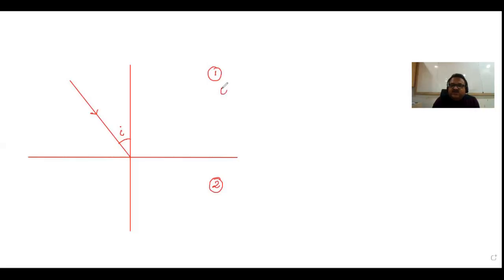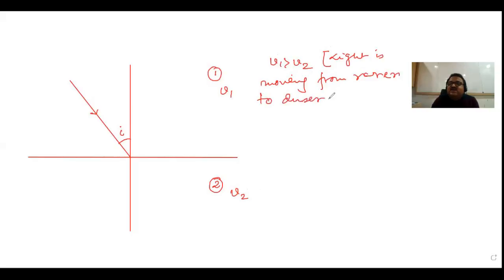The speed of light in this medium is v1 and the speed of light in this medium is v2. Assuming here v1 is greater than v2, that means light is moving from which medium to which medium? Moving from rarer to denser medium. Okay. Now just try to understand the concept.